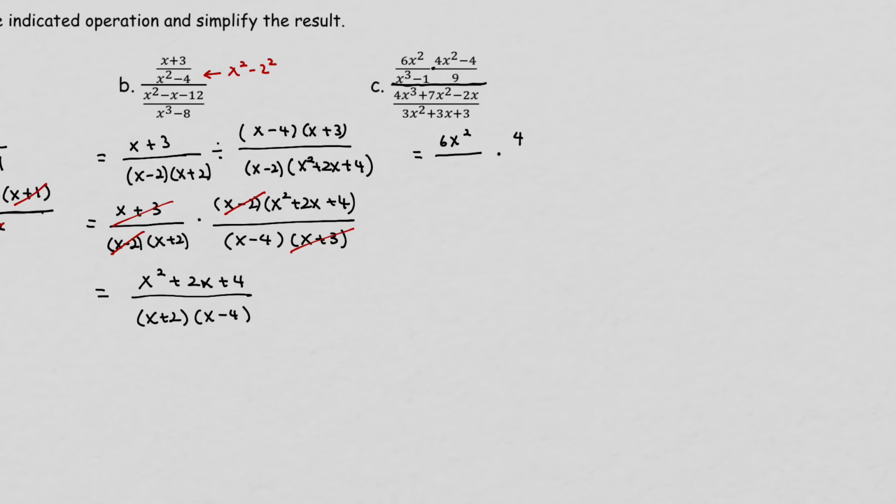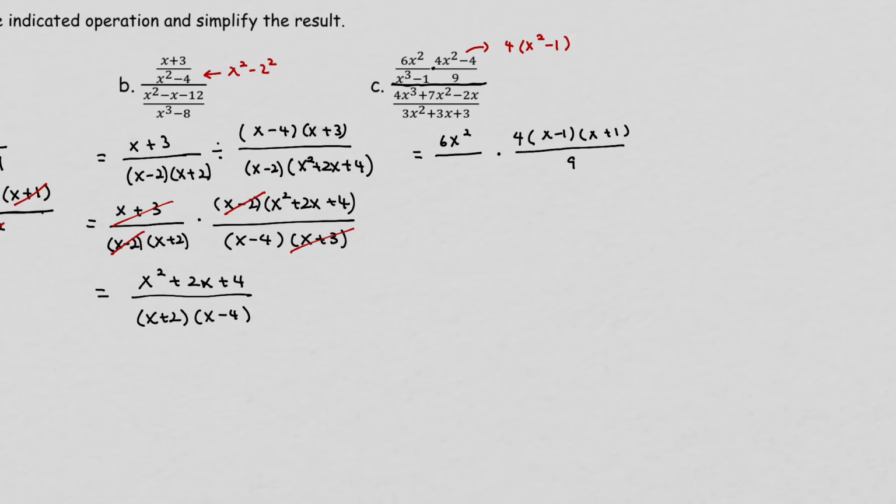Let me write that down for you. So when you factor 4 out, you have x squared minus 1, which is a difference of squares. So if you factor further, you could do x minus 1, x plus 1. Over 9, you cannot do anything.